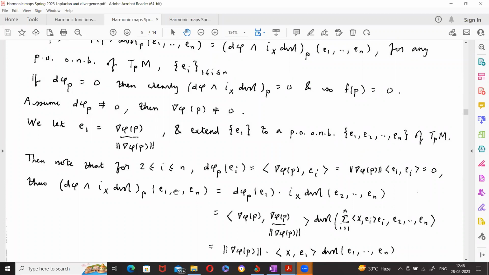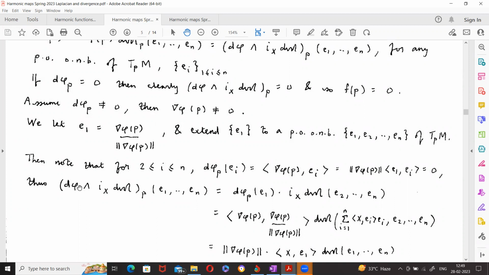Okay, when I apply the alt, if some of the EIs where I is between 2 and n come into the first spot, then I will get d phi acting on EI, which is 0.